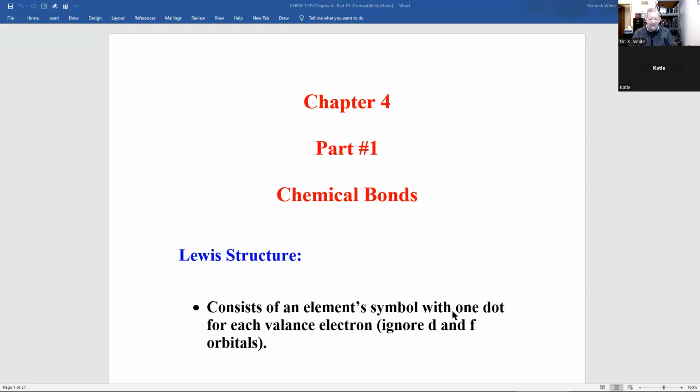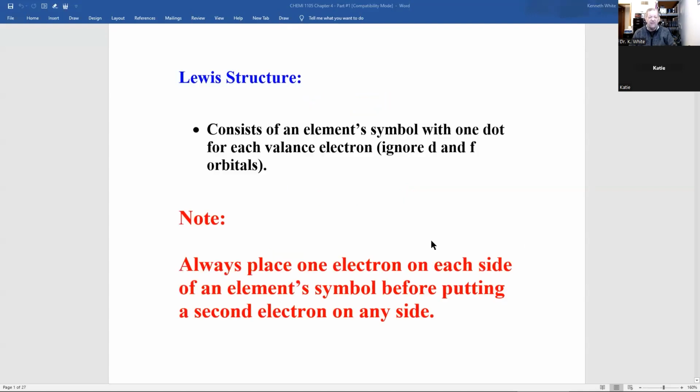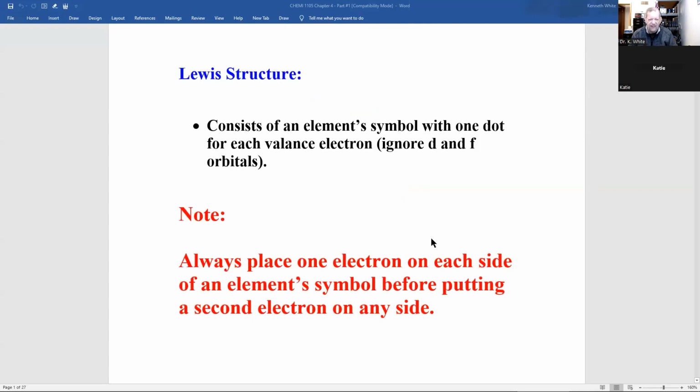Let me open it first. And I'm going to start out with Chapter 4, what I call Part 1. And that's chemical bonds. Now, when we talk about chemical bonds, the first thing I like to talk about is the Lewis structure.